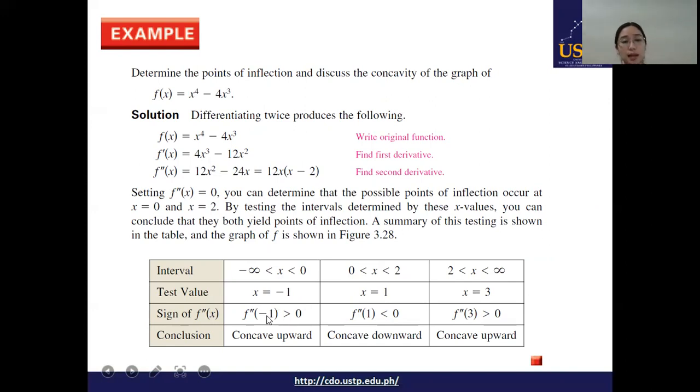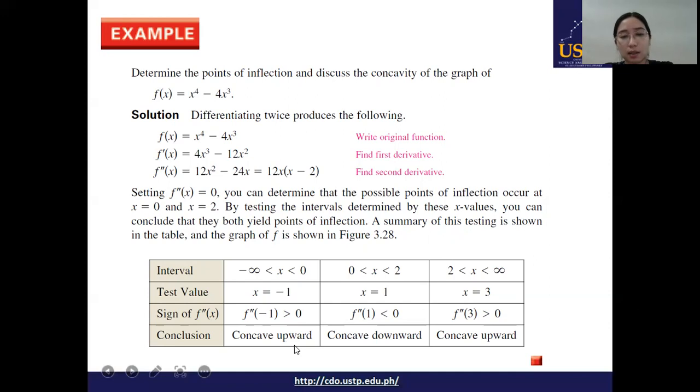Substituting into the second derivative, 12 times the quantity of -1 squared, minus 24 times -1, the answer is 36. Therefore it is concave upward.